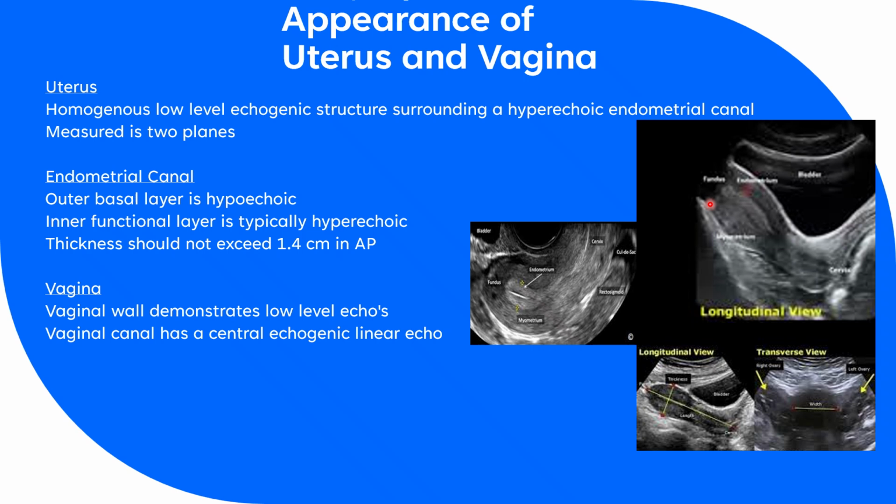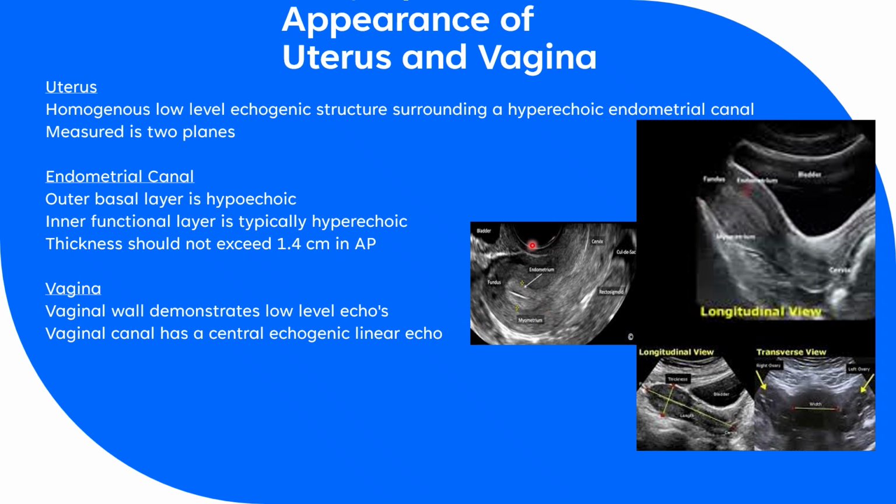We're going to talk about that once we get into physiology. But no matter what age or grouping that we are in, whether we are pre-menarche, menarche, or post-menarche, we will never have an endometrium greater than 1.4 centimeters, okay? And that is an AP diameter.